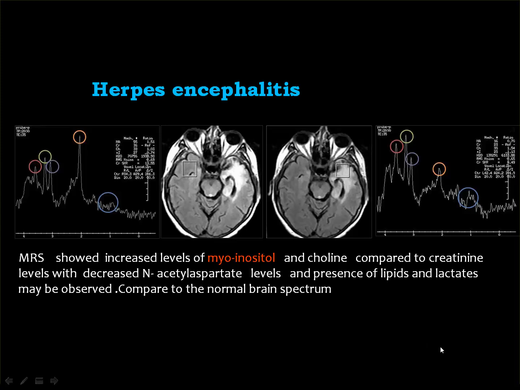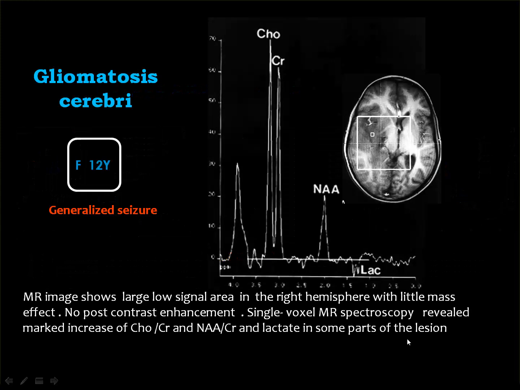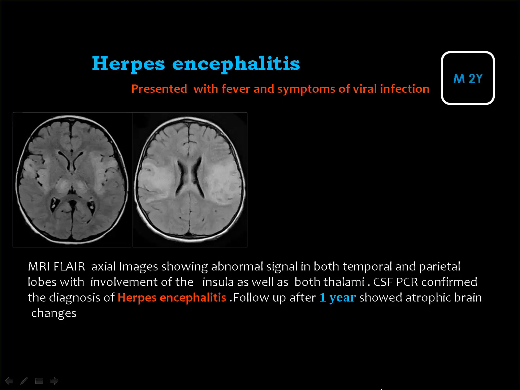Forget about this myoinositol, but this is the difference between a similar lesion, and this is glioma. Glioma will show significant rise in the choline and significant depression in the N-acetyl aspartate. Then sometimes, besides the diffusion restriction of herpes, you may need MR spectroscopy to confirm the diagnosis.